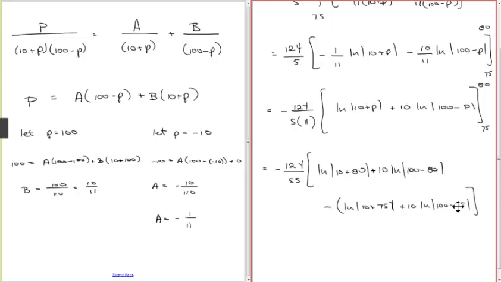So we got the natural log of 90 plus 10 times the natural log of 100 minus 80, which is 20, minus the natural log of 85, minus 10 times the natural log of 25.